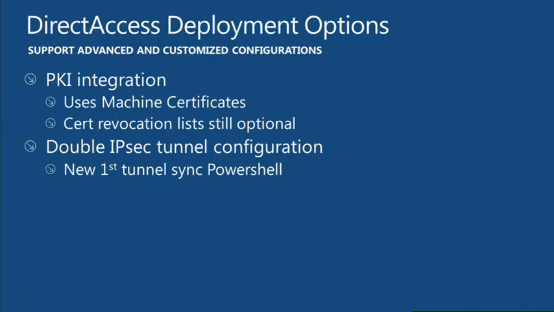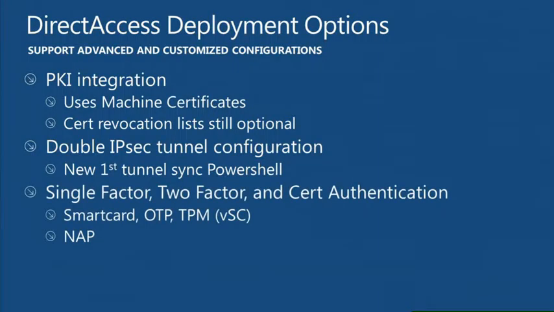We have provided a new PowerShell commandlet focused on solving the tunnel management problem I talked about earlier. That PowerShell will essentially get the first tunnel IP addresses in sync, and it's something which any IT admin can very easily do. So we've solved that problem, made it much easier to manage the double tunnel configuration.